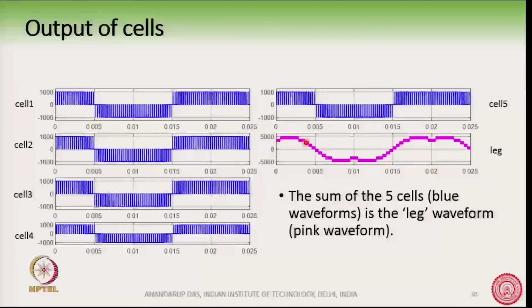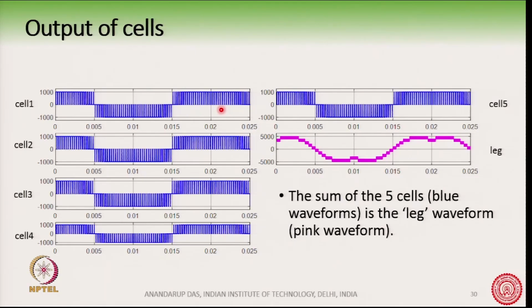Now, remember, this phase shift is what caused this waveform to appear like this. If there was no phase shift between cell 1, cell 2, cell 3, cell 4, cell 5, we would have got this particular waveform, but 5 times its amplitude.